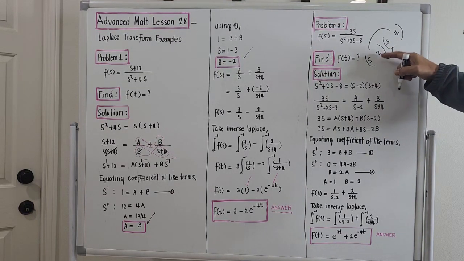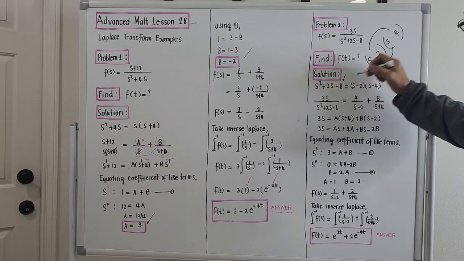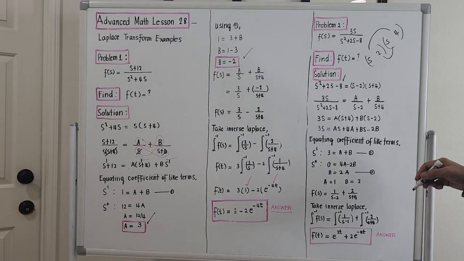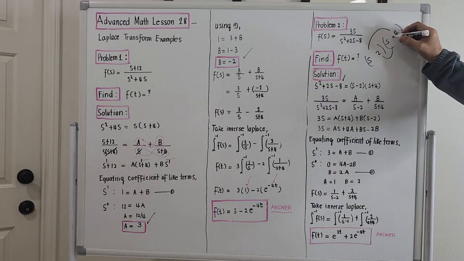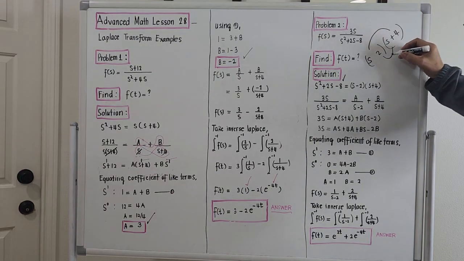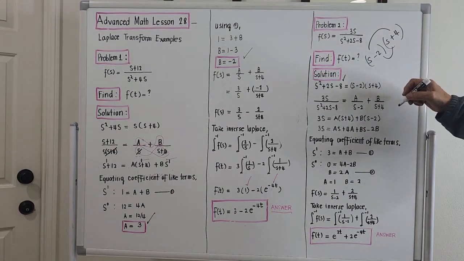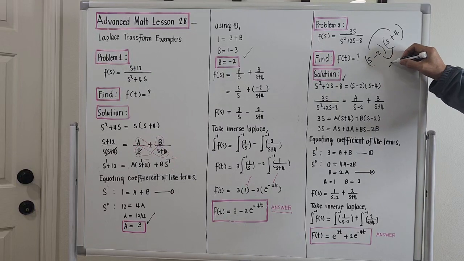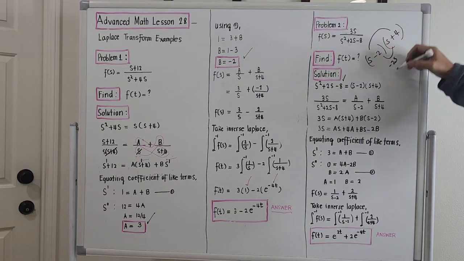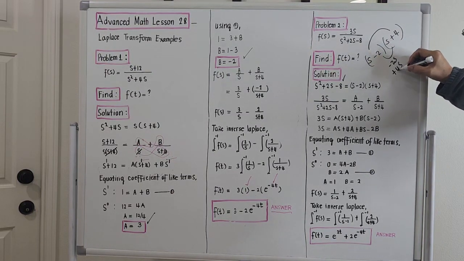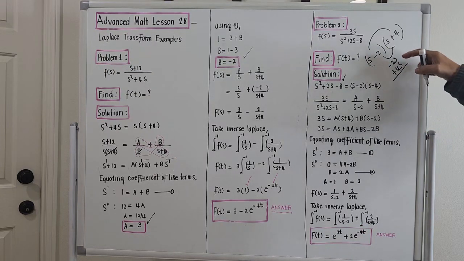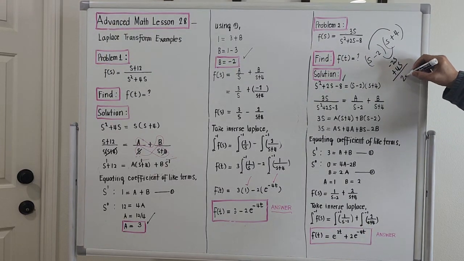The product of 2 times 4 is 8, but the sign should be negative. So this should be a plus and a minus. So minus 2s plus 4s. The value of the middle term is minus 2s plus 4s, which is 2s.